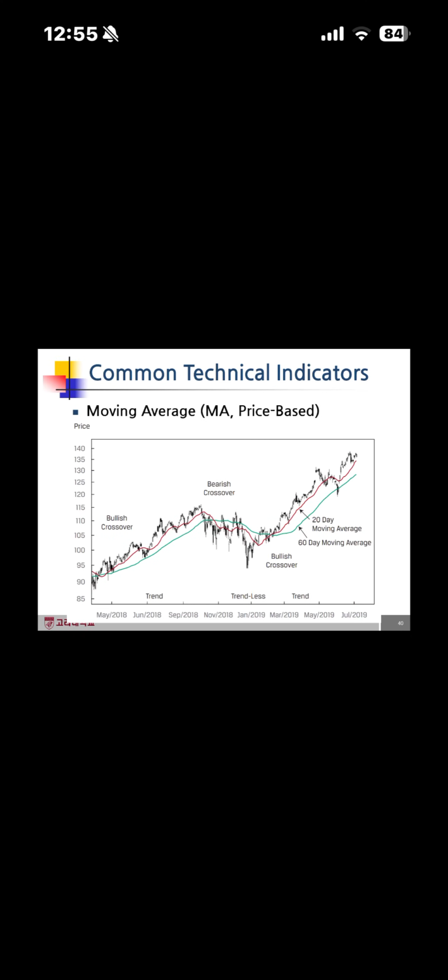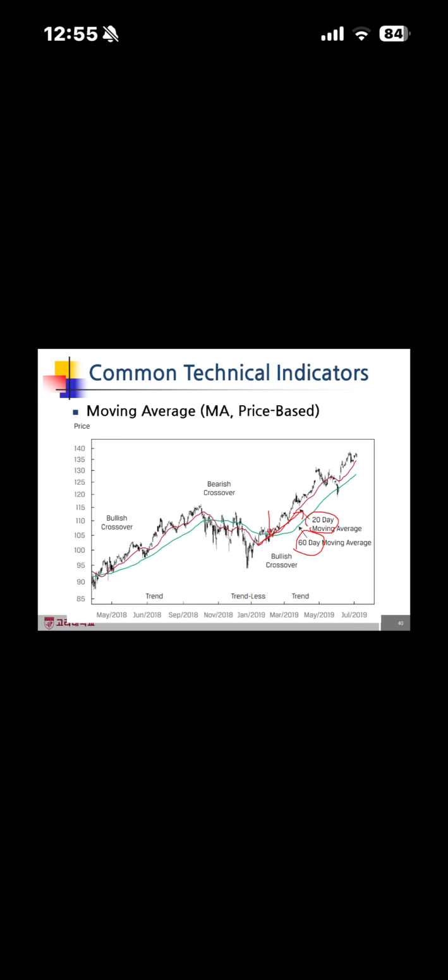This illustrates an example of the moving average crossover signals. In the chart, you can see two moving averages, a short-term moving average, such as the 20-day, and a longer-term one, the 60-day. At certain points in the chart, the short-term moving average, the red line, crosses above the longer-term moving average.